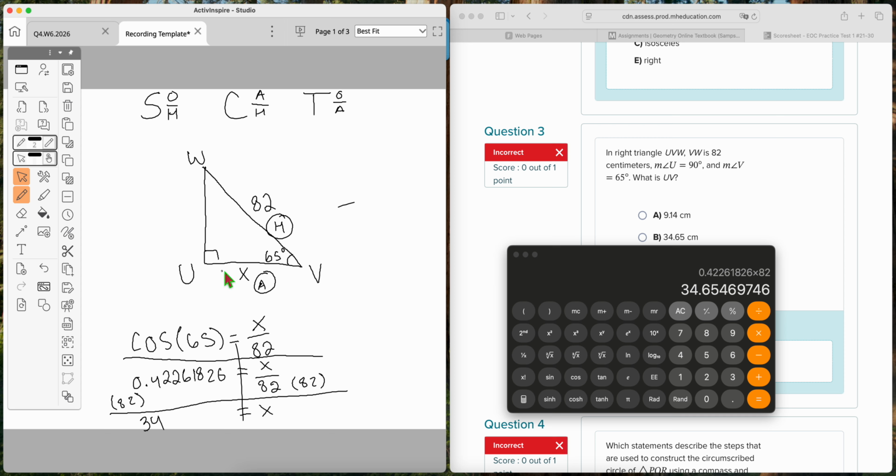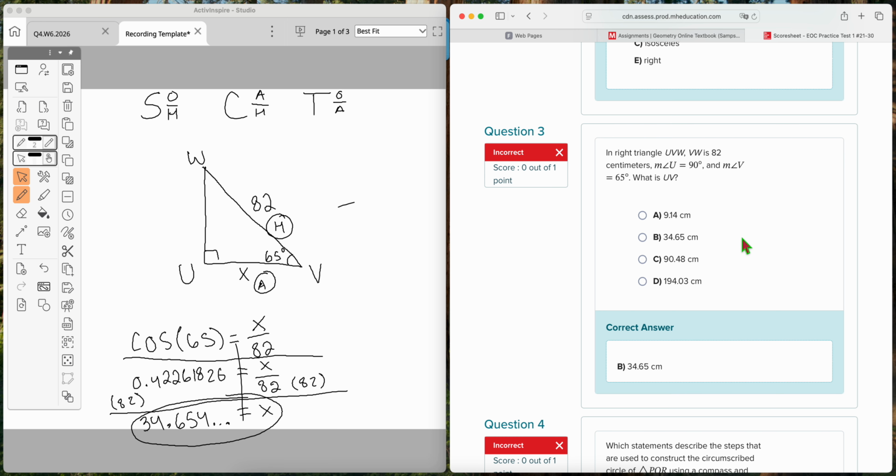So this number is the length of side UV. It's about 34.65 centimeters. And that would be option B.